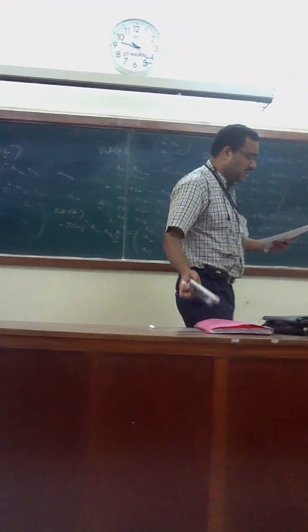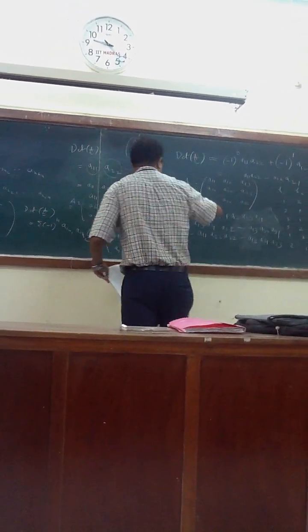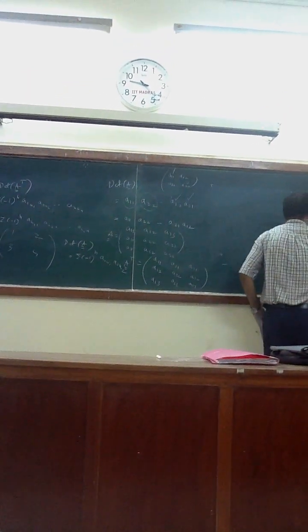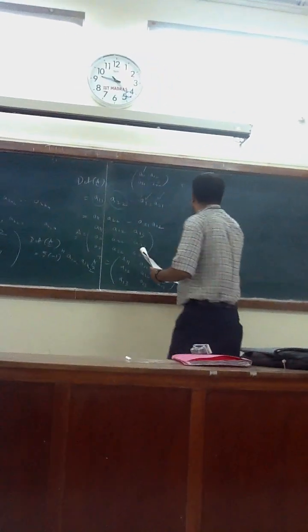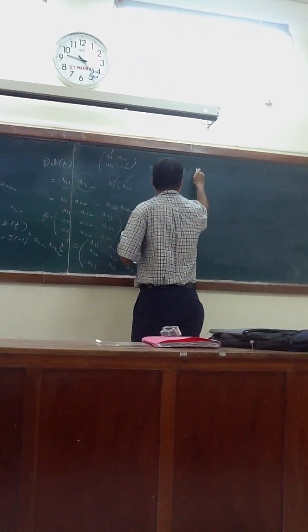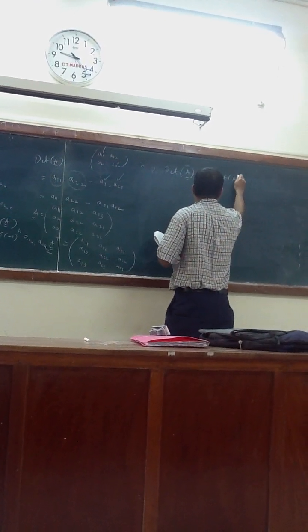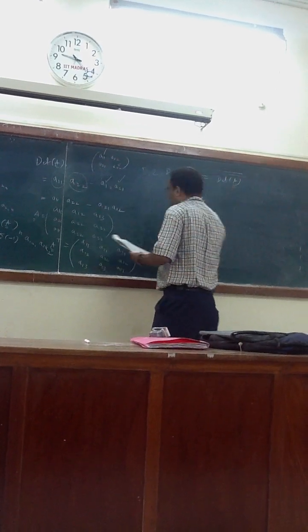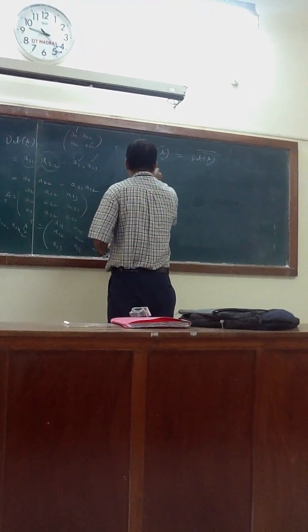So next will be determinant of A bar, determinant of A whole bar. Let's talk about that one, second property. Determinant of A bar, which is determinant of A, again you write the formula.